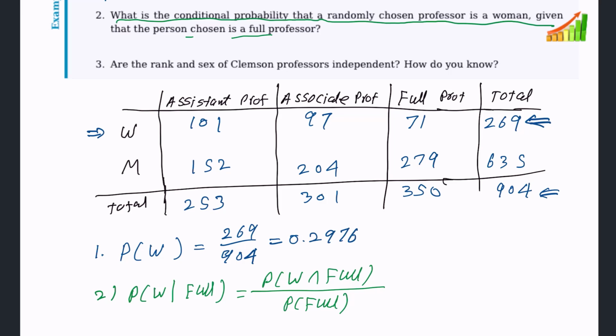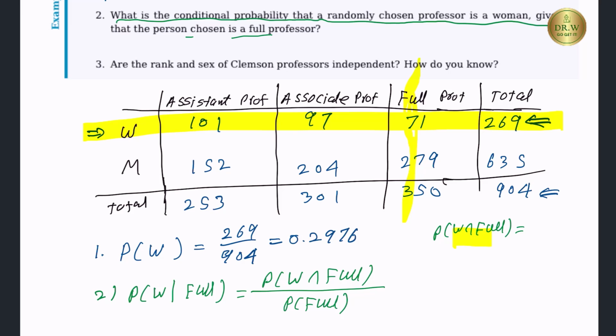Right, now we need to find the probability of W and full, woman and full. So how do we find this? Now go to the table. You see here W and full. Therefore W is this one, full is this one. So what is the number at the intersection?